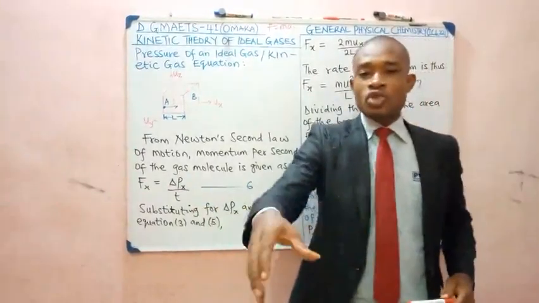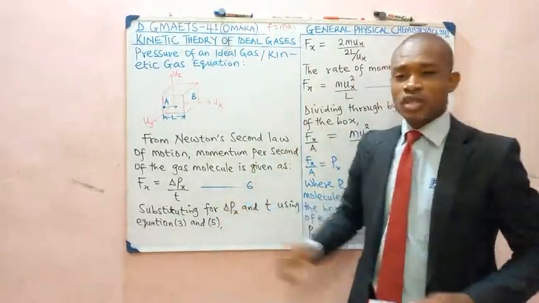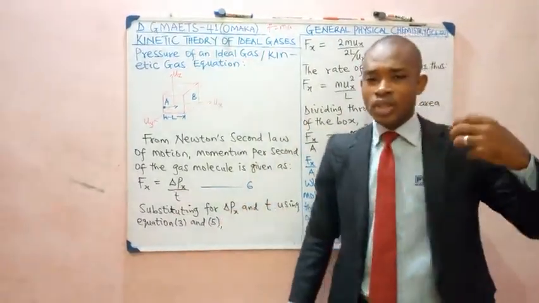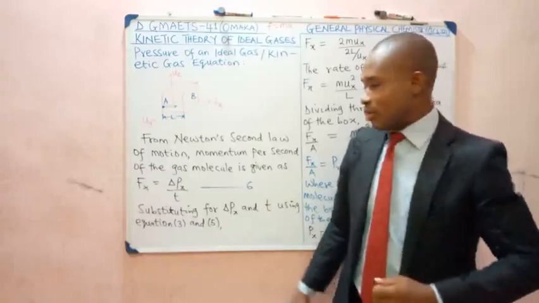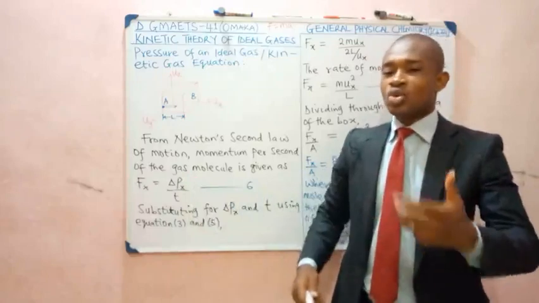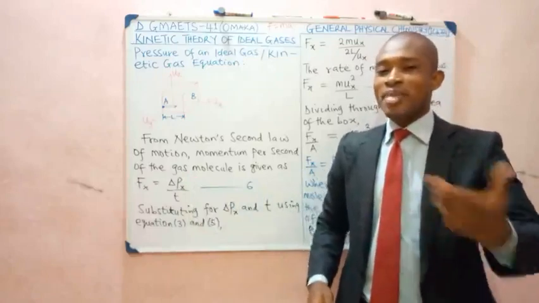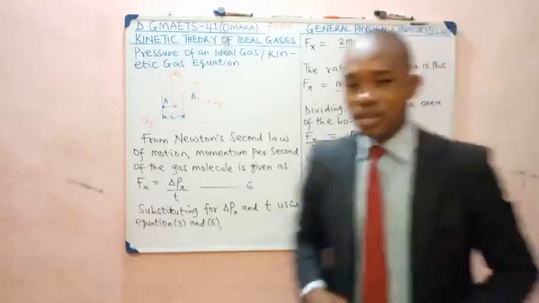We are going to substitute equations 3 and 5 into this equation 6. And what is our equation 3? You would recall that we obtained equation 3 to be the value of the change in momentum, which is 2 times mass times the velocity of the gas in the x direction.